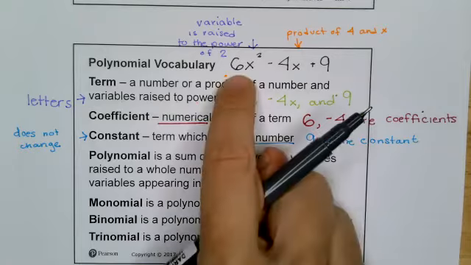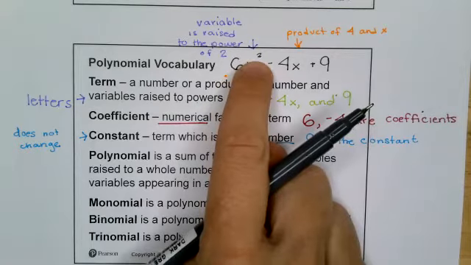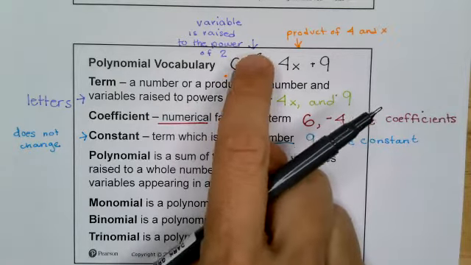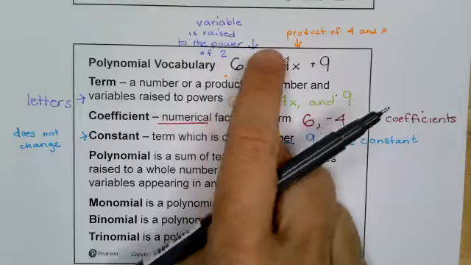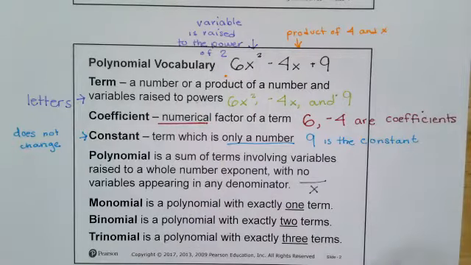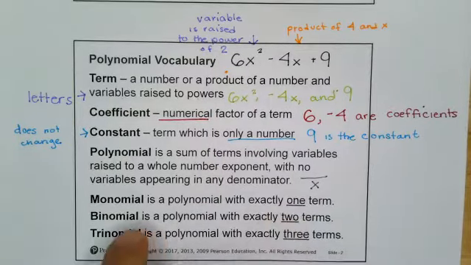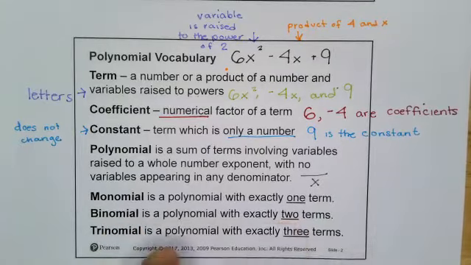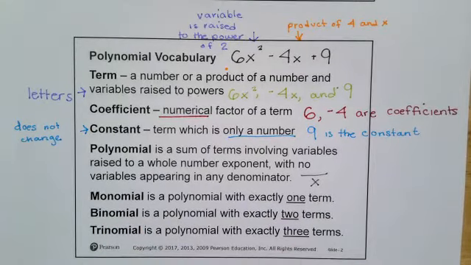So you're never going to have 6x to the power of 1/2, and you're never going to have 6 times the square root of x. Monomial, we already covered it, is 1 term. Binomial means 2. Trinomial means 3 terms. Polynomial means many terms.